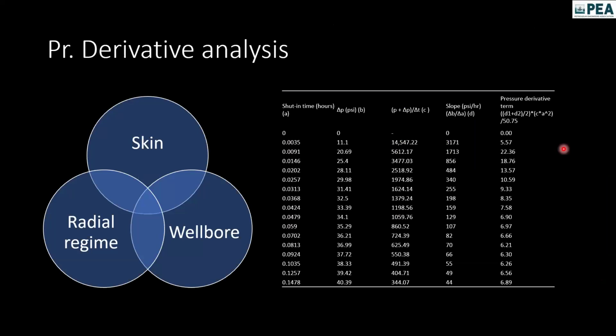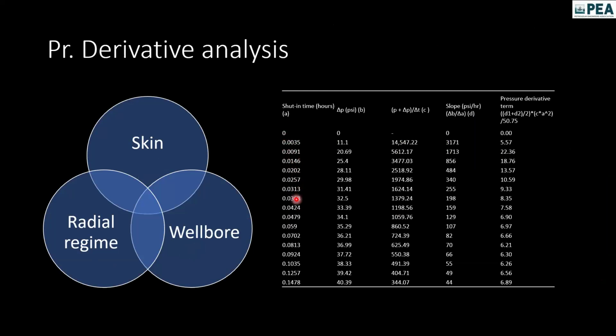Then this is the data that we are going to use to estimate these three parameters: skin, radial regime, and wellbore storage effect. So you can see the shut-in time period. Shut-in represents that the well is going through a buildup test. Why?